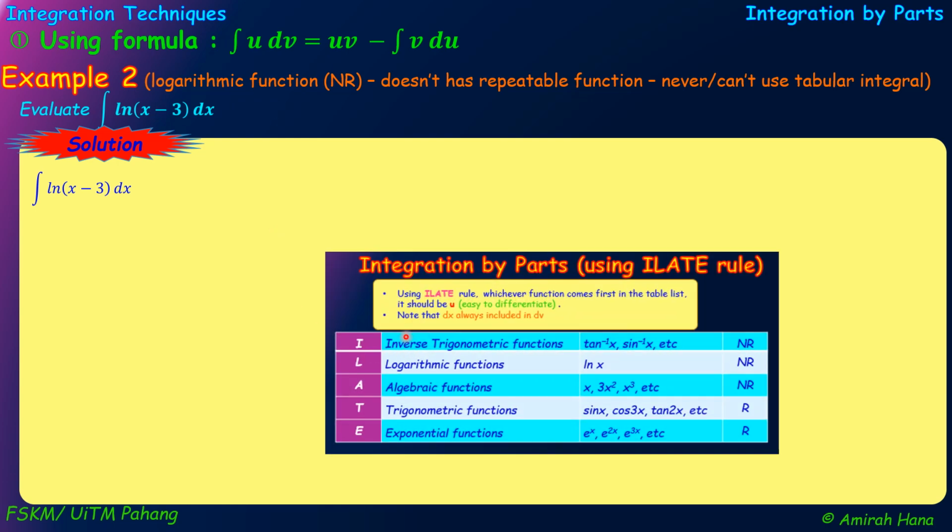We recall back, note that dx is always included in dv. So from here our dx equals dv, since u equals ln(x minus 3).